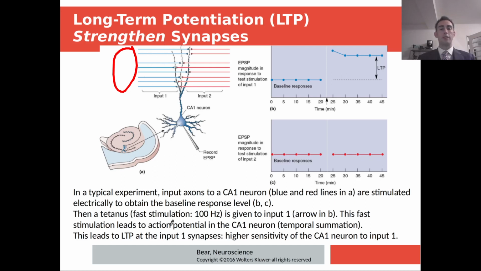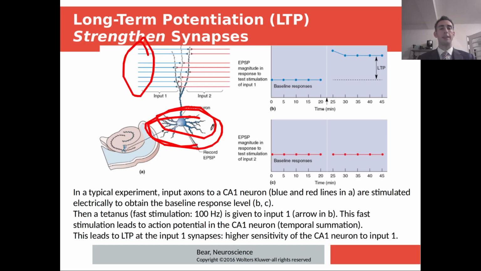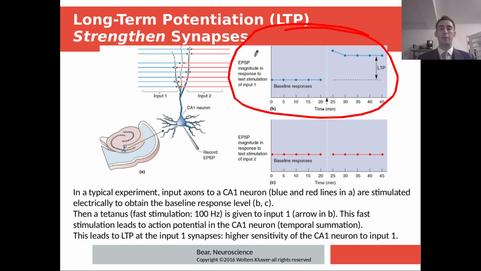This fast stimulation leads to an action potential. It leads to this neuron being more activated, basically. And so in the future, when you activate input 1 onto CA1, this neuron will become more activated. This is graphed over here.